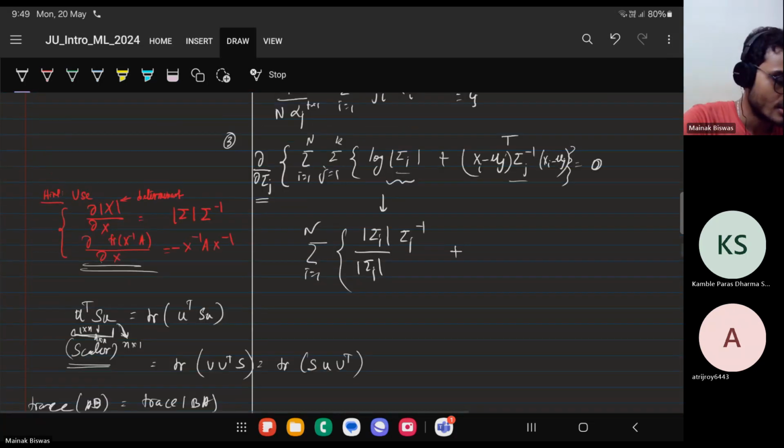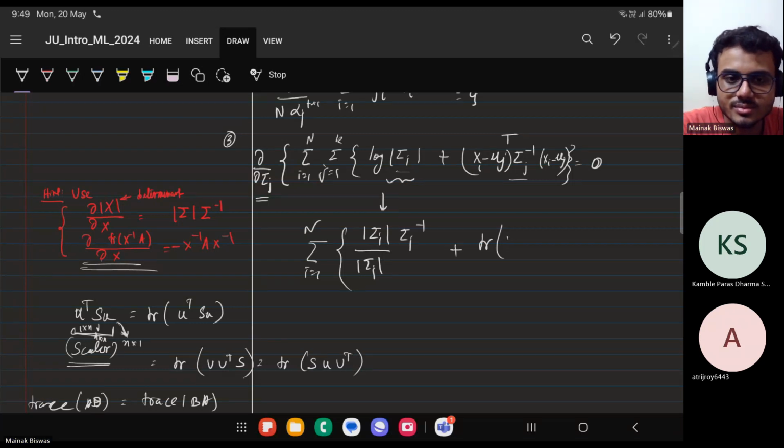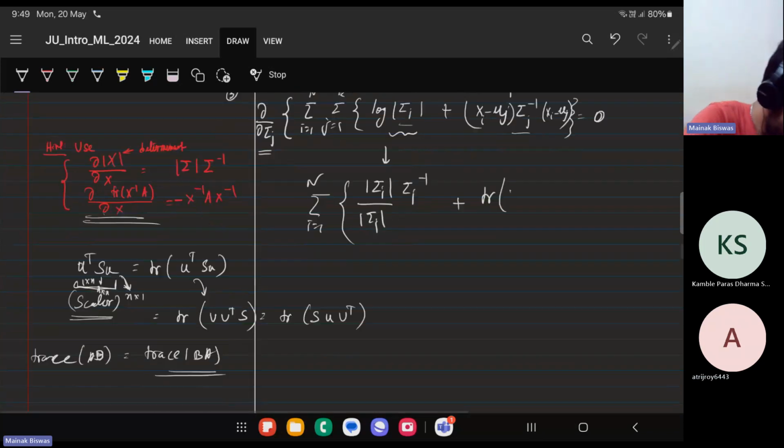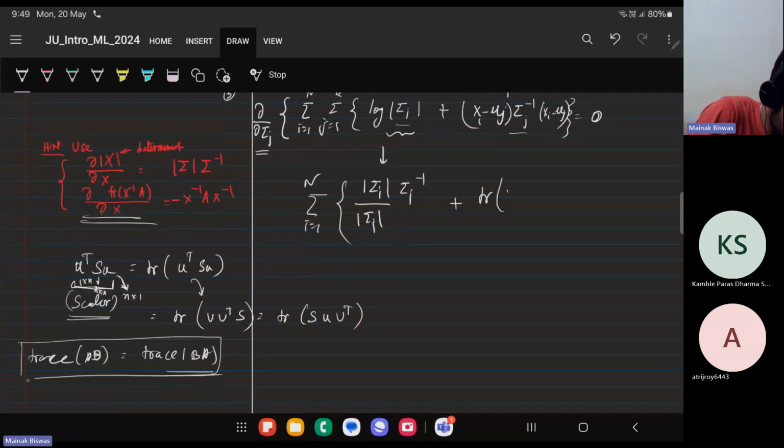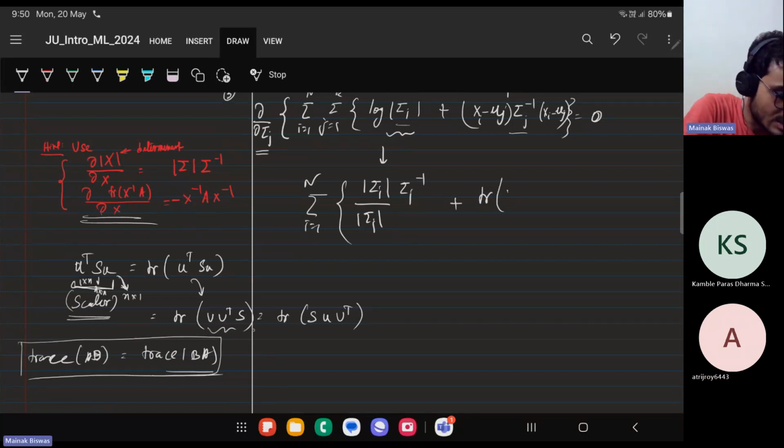Trace of a scalar is equal to the scalar only. But since these are vectors inside, I can use trace of AB equal to trace of BA that I showed before. And now these are matrices.